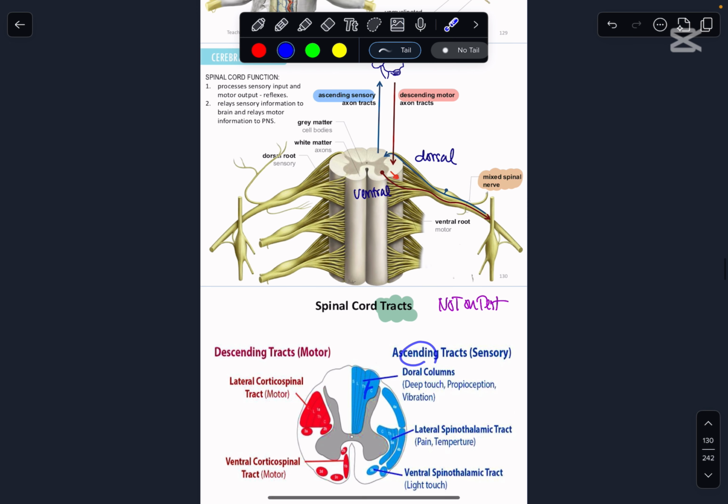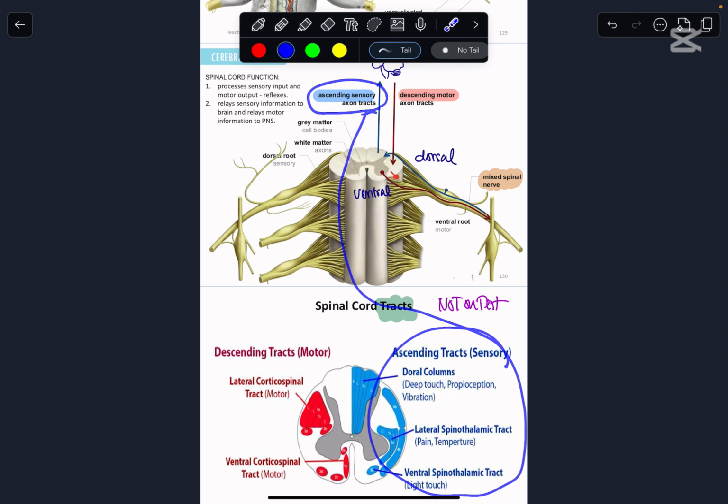Do you guys remember this blue arm here? Basically, they're saying that when you look at different types of axons of sensory, you get all these different types. Do you follow? When you look at the motor ones, you get these ones here. So they're saying there are different types of descending motor tracts, and different types of ascending tracts.